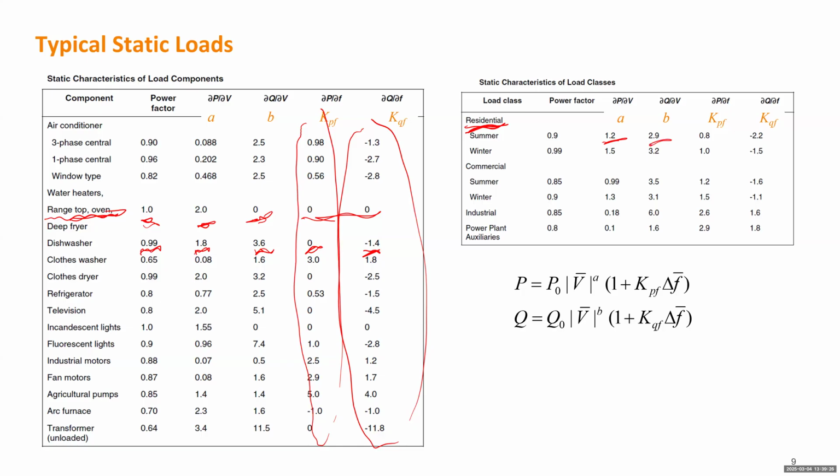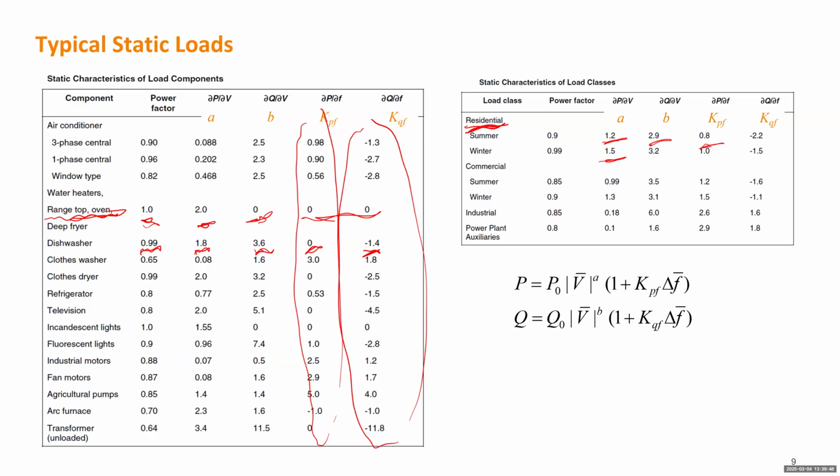Reactive power is like 2.9, which is more like a constant impedance. It is frequency dependent. For the winter, A will increase to 1.5, so it's more like something between constant impedance and constant current.